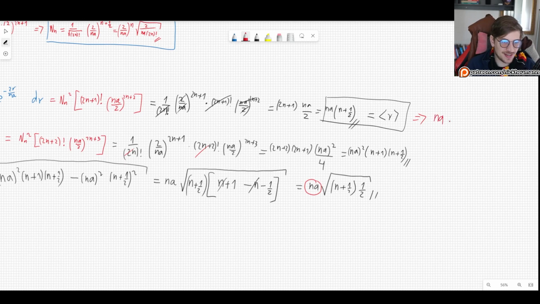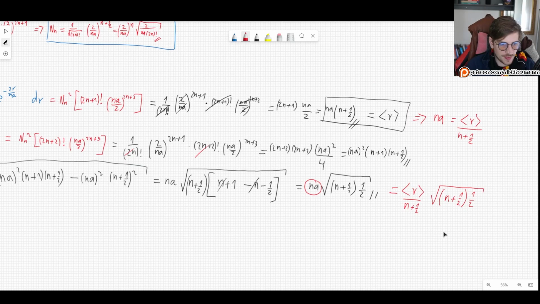We know that NA is the expectation value of r over n plus 1/2. So let's plug it in here. We can now write this as the expectation value of r over n plus 1/2, and we multiply this by the square root of n plus 1/2 times 1/2.